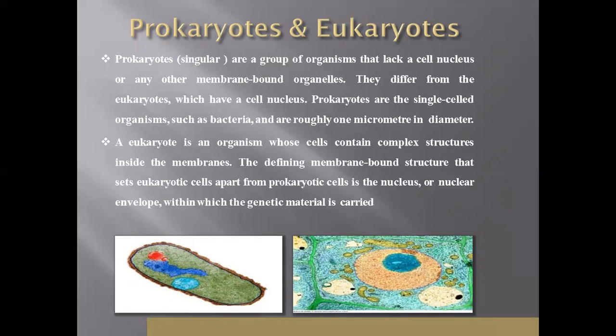Prokaryotes are single-cell organisms such as bacteria and are roughly 1 micrometer in diameter. On the other hand, a eukaryote is an organism whose cells contain complex structures inside membranes. The defining membrane-bound structure that sets the eukaryotic cell apart from the prokaryotic cell is the nucleus or nuclear envelope, within which the genetic material is carried.